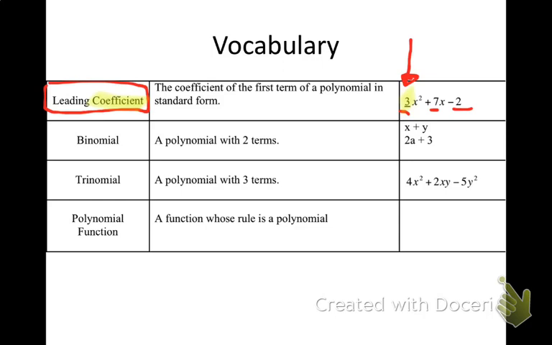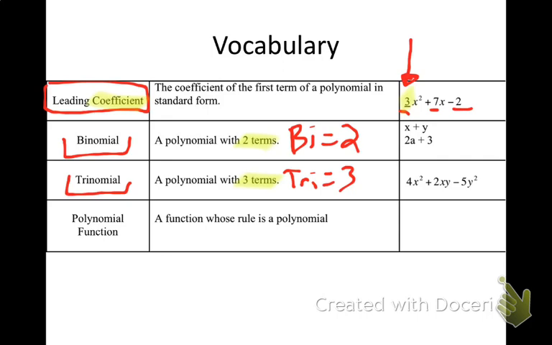A binomial is a polynomial with 2 terms. Why is it 2? Because bi means 2. When you think of that, most people think of a bicycle. 2 wheels, bicycle, binomial, 2 terms. A trinomial is a polynomial with 3 terms. We think of tri, meaning 3, and we think of a tricycle, 3 wheels.